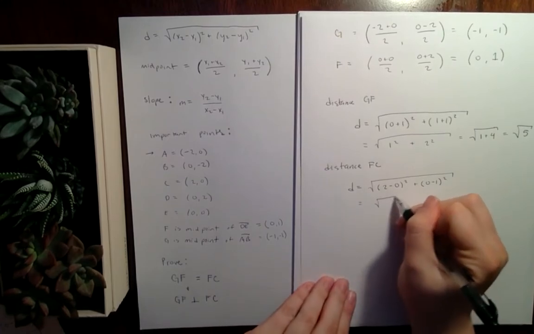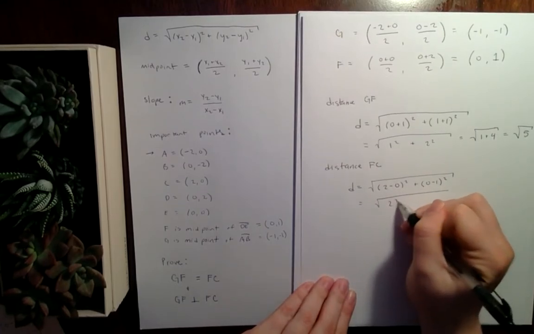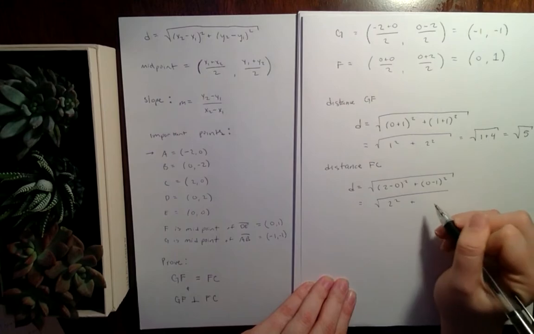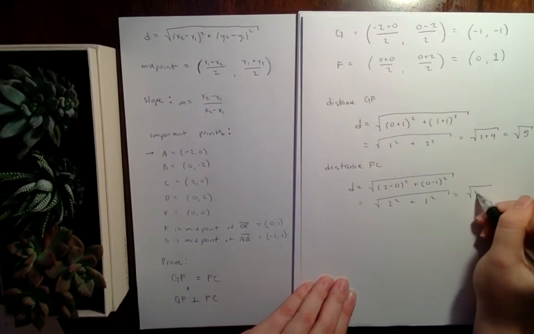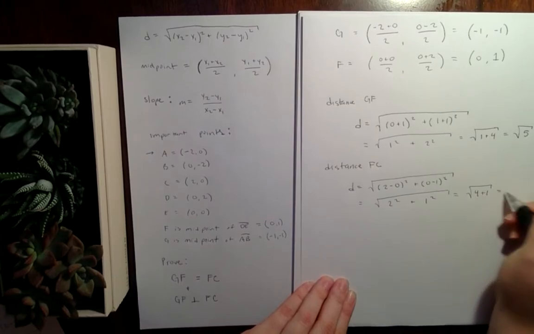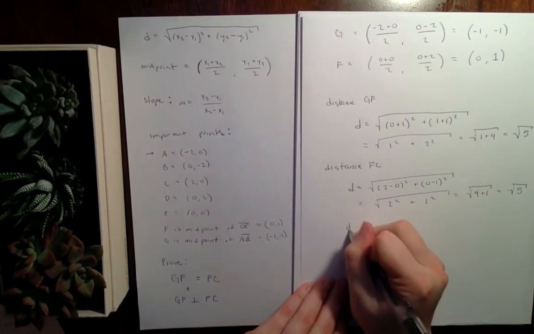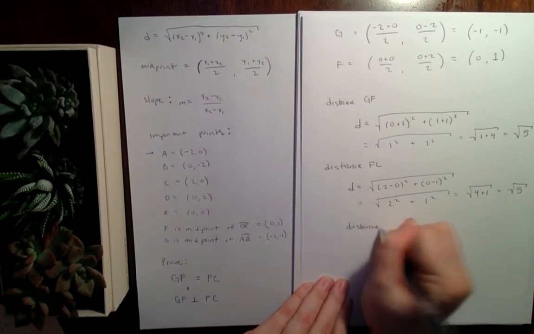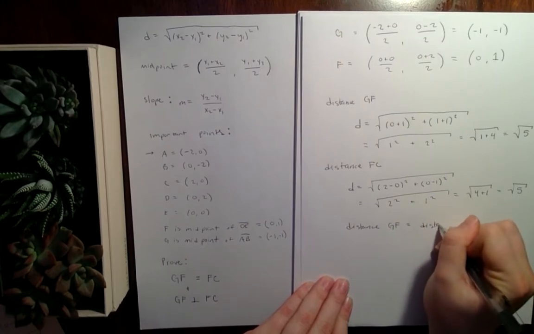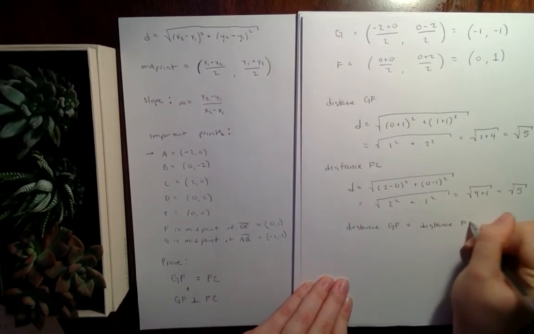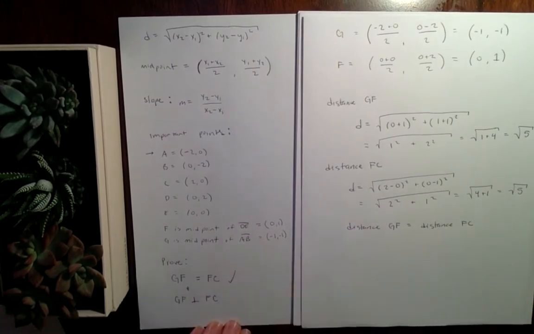And this is equivalent to 2 squared plus 1 squared, which, as you can see, is 4 plus 1 under that square root, which is still that root 5. So the distance of GF is indeed equal to the distance of FC. So that proves our first claim.